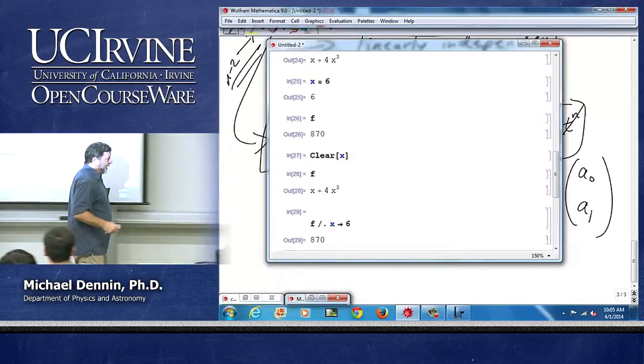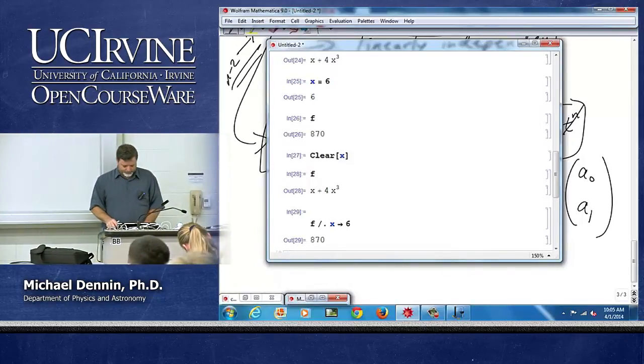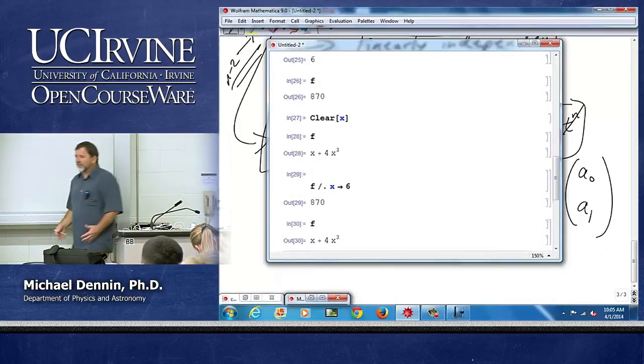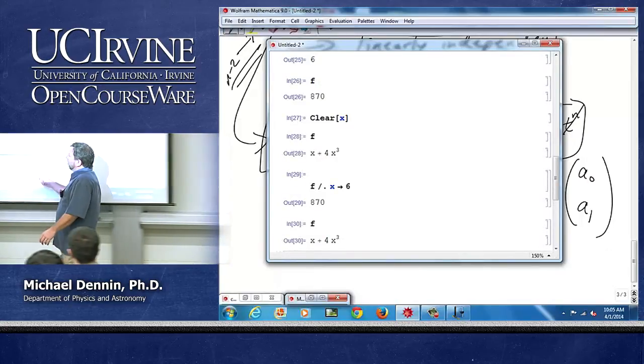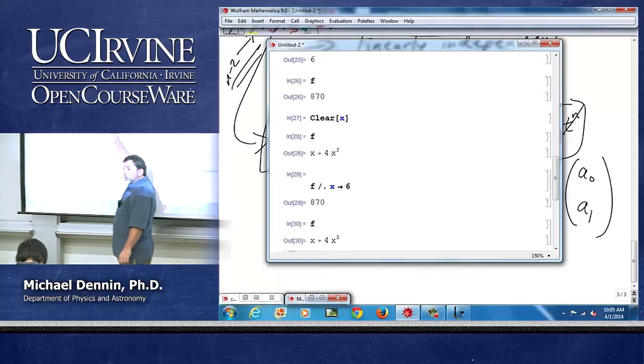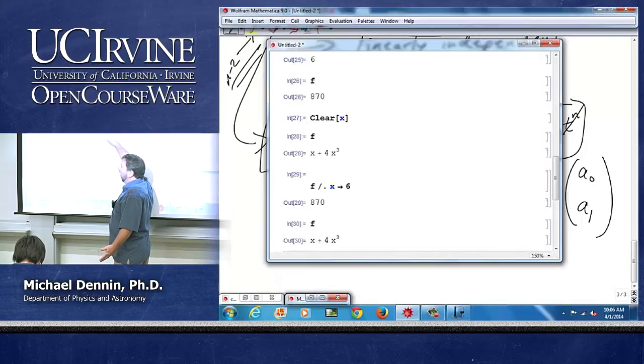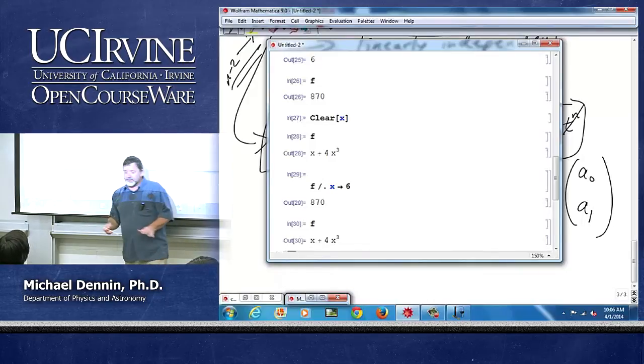But now if I type f, it is unchanged. The slash dot says I'm about to make a rule. The rule is wherever I see x, replace it with 6 for this expression only. And so it's going to plug in 6 for x. And it'll work, and it'll give you the right value. And this is used in many, many places.